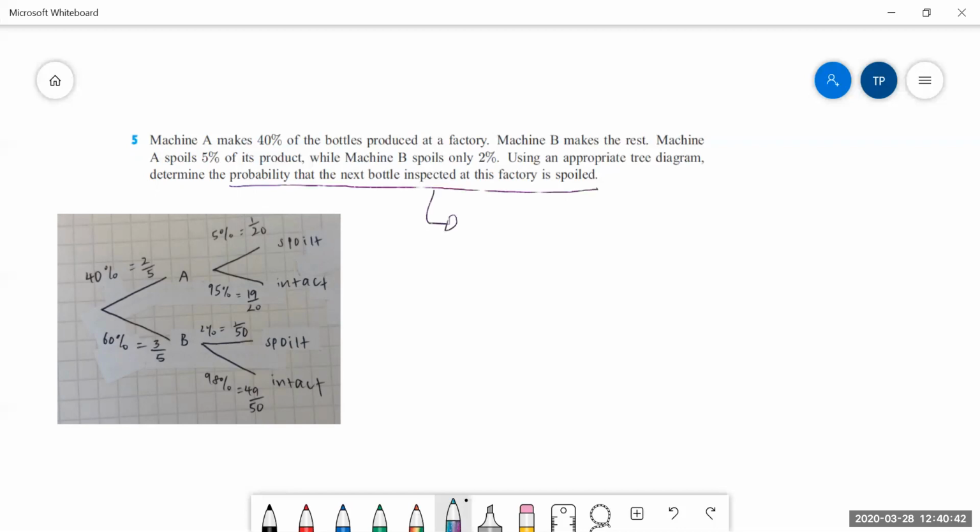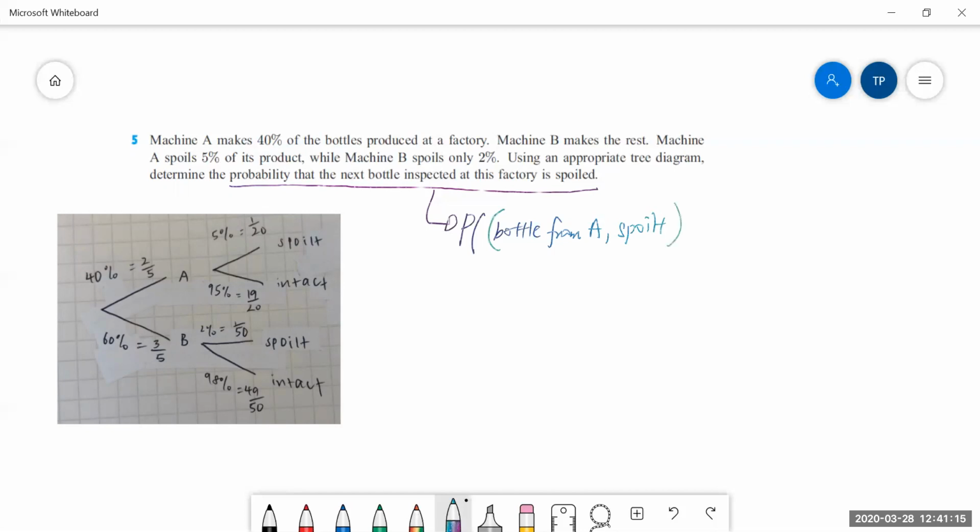So you have to translate this into a mathematical statement. So it's a probability of a bottle from A but spoiled. Okay, because we want the spoiled one. Let me put a bracket.